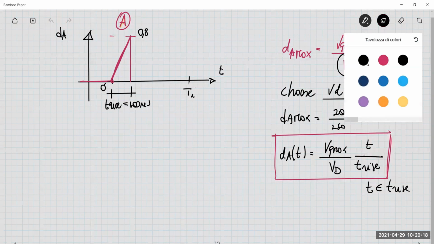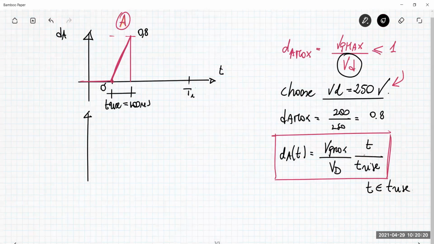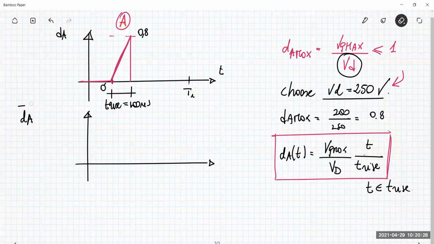What about the duty cycle of the other leg? So this is the duty cycle. Sorry, now we have just a bridge leg, so DA minus. I call it DA minus. DA minus is the duty cycle of the low side transistor TA minus, okay, which is typically 1 minus DA.